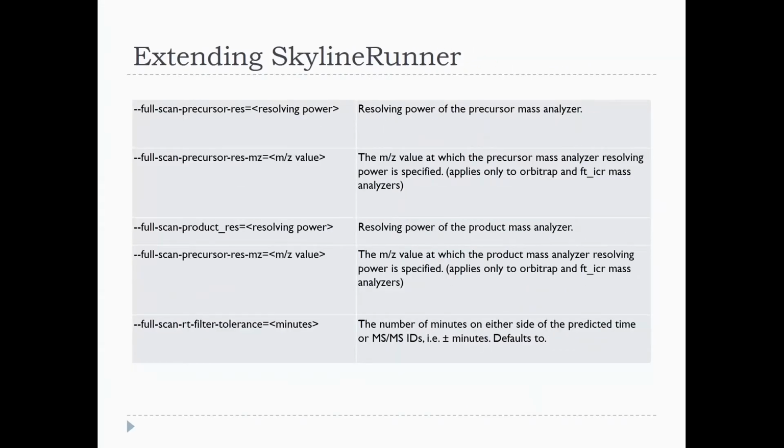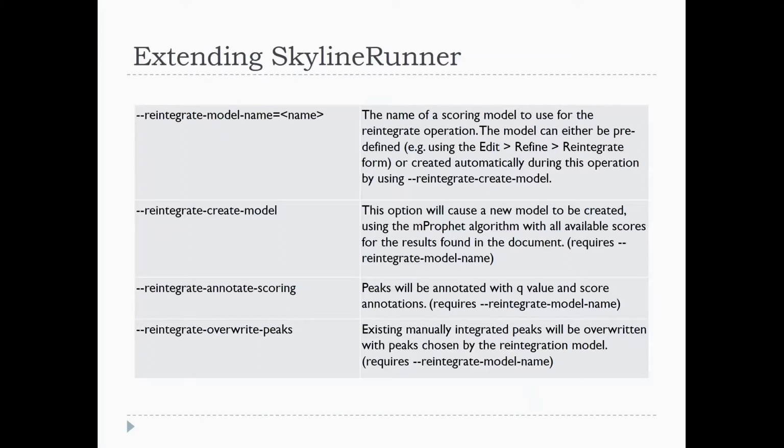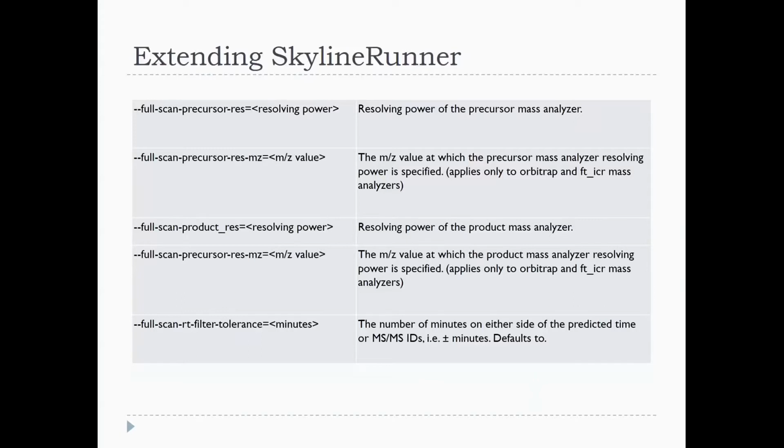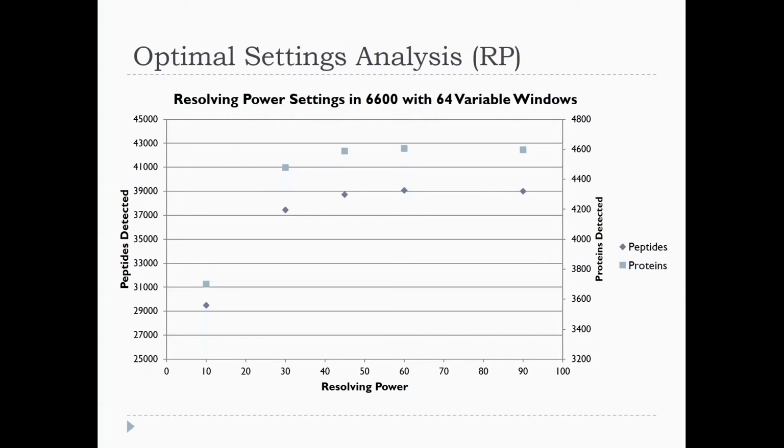This was for M-profit models. It allows me to set parameters like the precursor resolution, the product resolution, and the retention time width. Then I could go to sleep and run queries like this, which would show me how many peptides and how many proteins Skyline had identified.